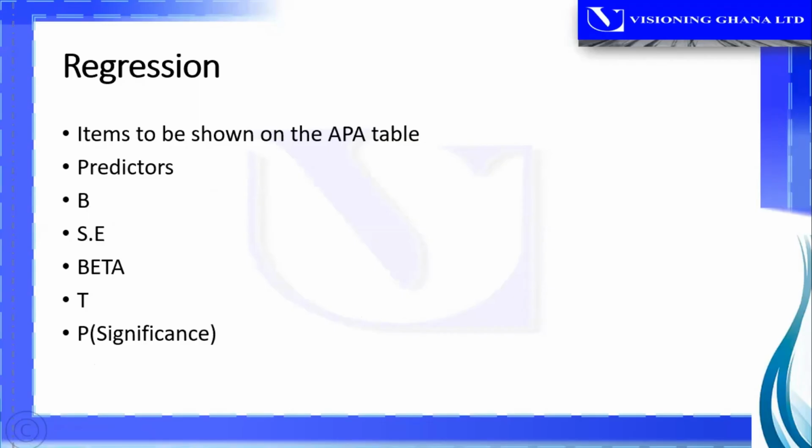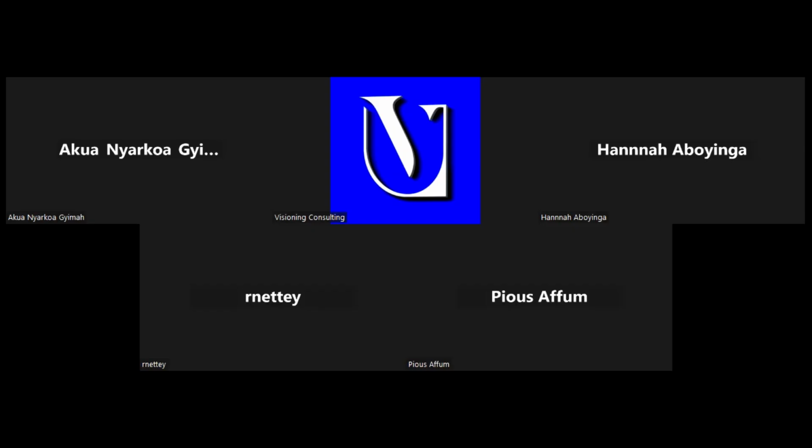We need the predictors, we need the B, and all these have their names. We have predictors, B, SE, beta, T, and then the significance level. When the tables come, we'll see the full names of the things I've listed here. So let's run regression on SPSS.